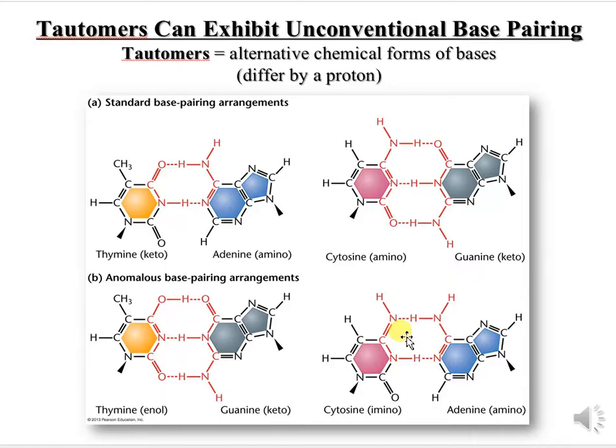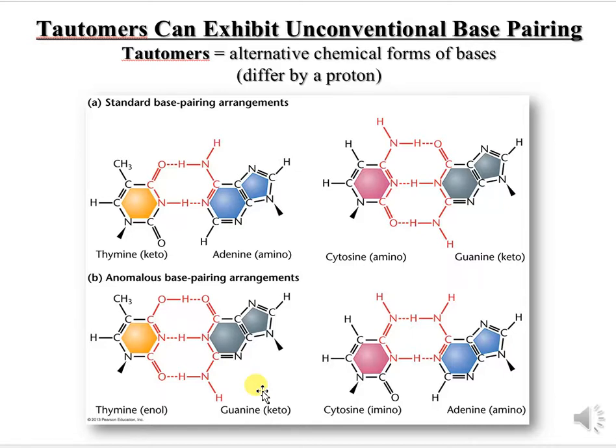So here's the big four, right? You have your thymine, adenine, cytosine, guanine. These are the normal standard base pairing arrangements. Thymine always goes with adenine, they're a happy little couple. Cytosine always goes with guanine, another happy little couple. And then we have this crap show occurring down here. What's happening here is tautomerization, which is the result of interactions with water.